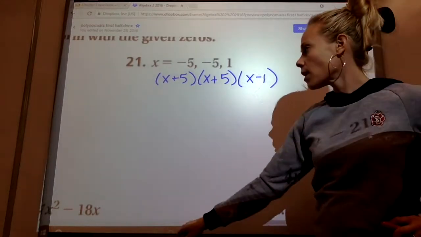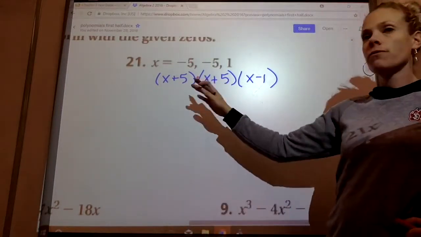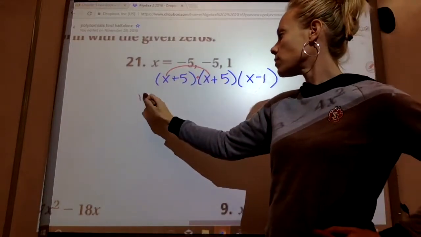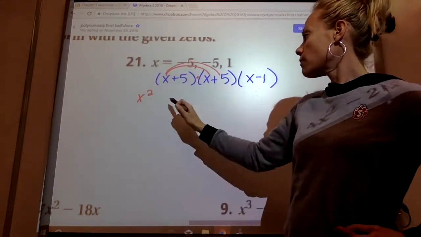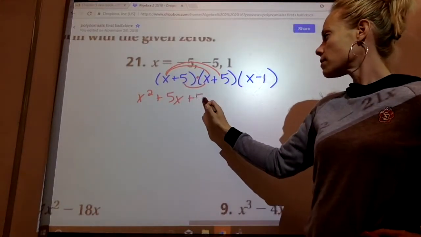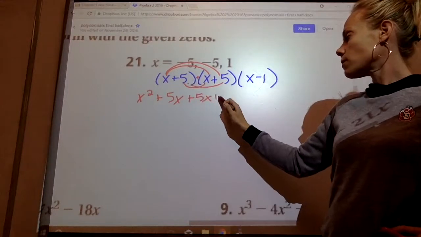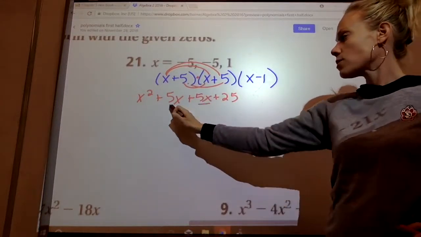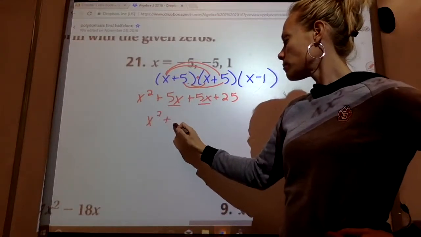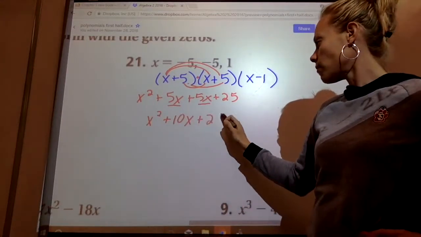Multiply the first two together, and we can do that by foiling, first outer inner last. So x times x is x squared, x times 5 is 5x, 5 times x, 5x, 5 times 5 is 25. Combine like terms, I have two x terms, x squared plus 10x plus 25.